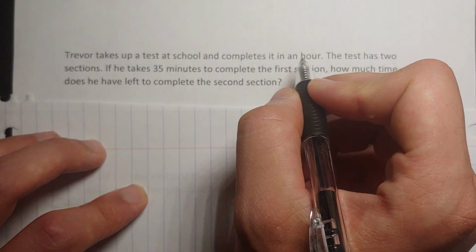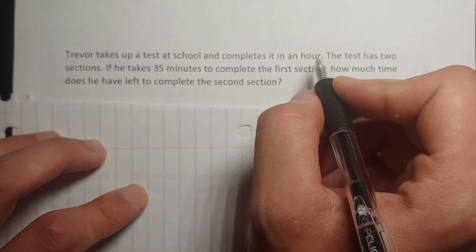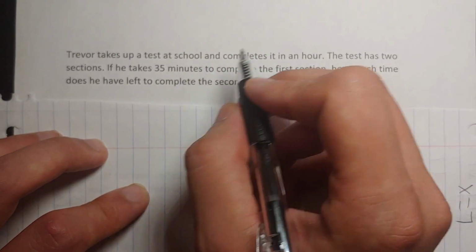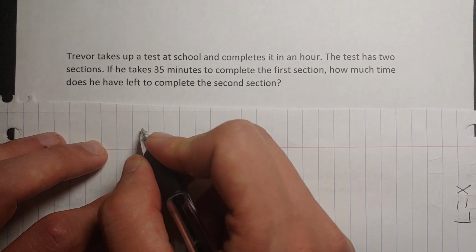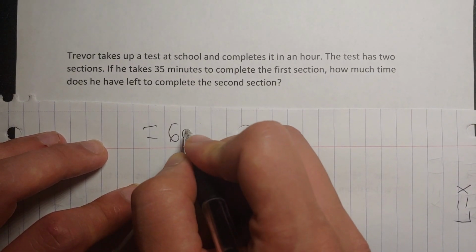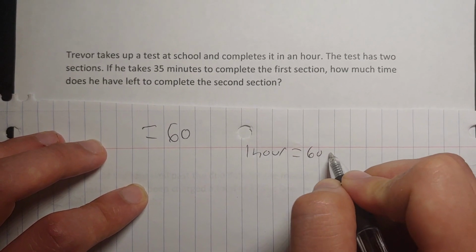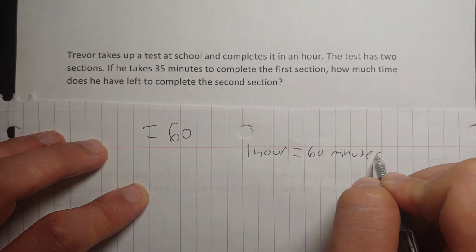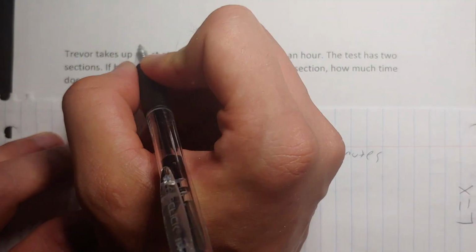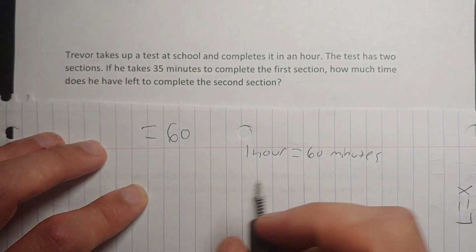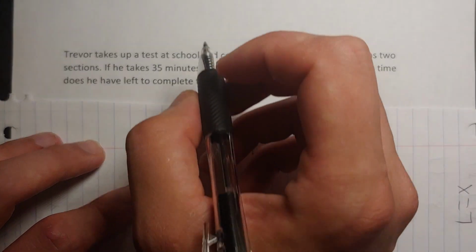All right, so we do have a total here of an hour, and we have hour in minutes. So an hour is going to be 60 minutes. So we have 1 hour equals 60 minutes. And I'm using minutes because it uses minutes here. So we have an equal 60.